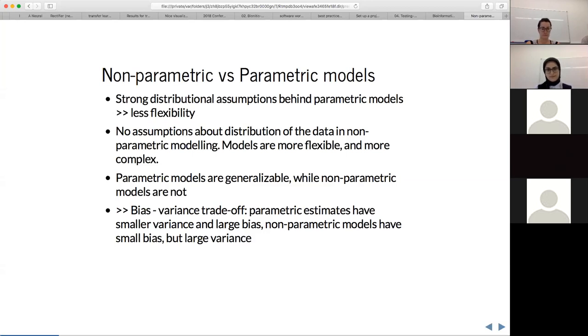And as mentioned, the parametric models are generalizable because the model is simpler, versus a non-parametric model is mostly fine-tuned. We'll get to this, but it's fine-tuned to the specific problem. And so when you start to apply it in another data set, you get a larger variance for your estimate.